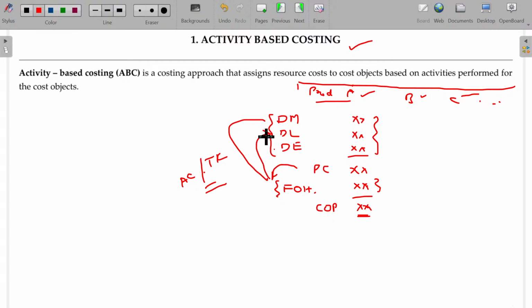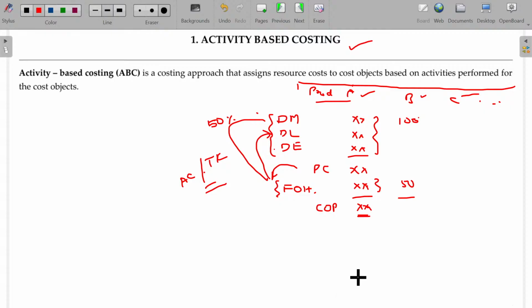If the direct material is 100, traditionally we say the factory overhead will be around 50% of direct material. Then automatically, if the direct material cost is 100, this will be another 50. That's how we calculate the cost of production.